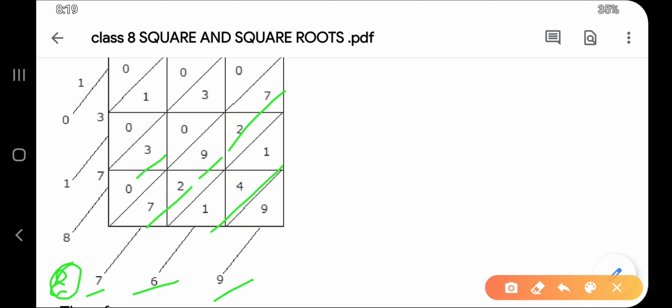Now 3 and 3, the rest are 0, and 0 cannot change the value of the sum. 3 plus 3 is 6, and this carry 2 is added, then it becomes 8. Now again 1, it doesn't have any carry to be added, so only 1. And in the next box there is just 0, we don't need to add anything.